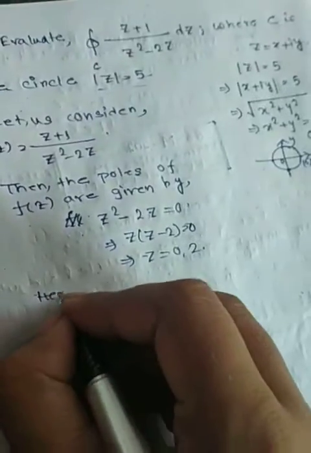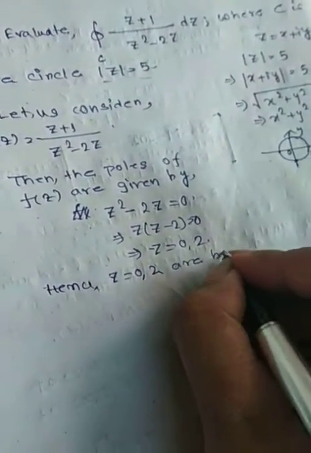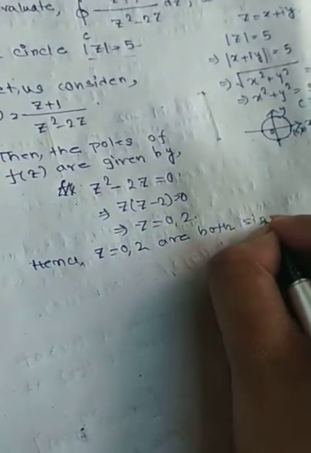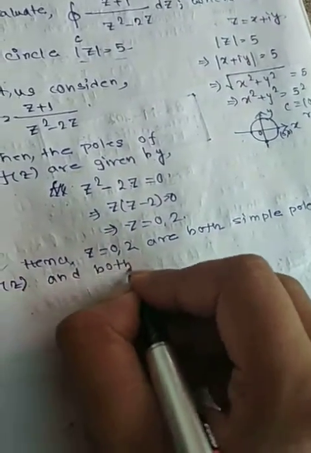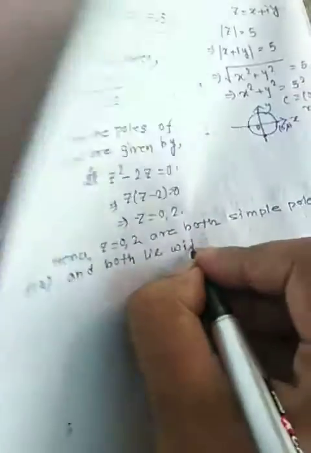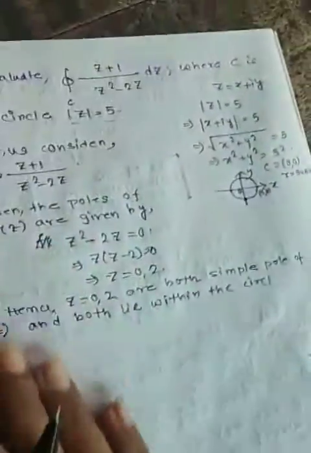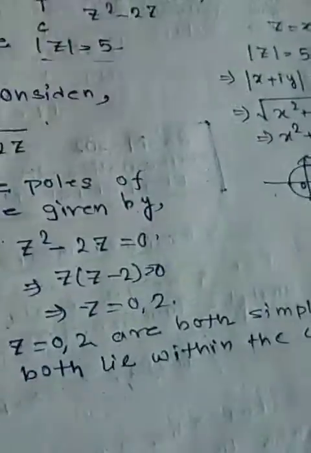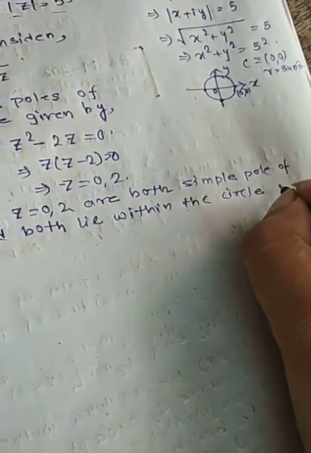So hence z equals 0, 2 are both simple poles of f(z), and both lie within the circle mod z equals 5.